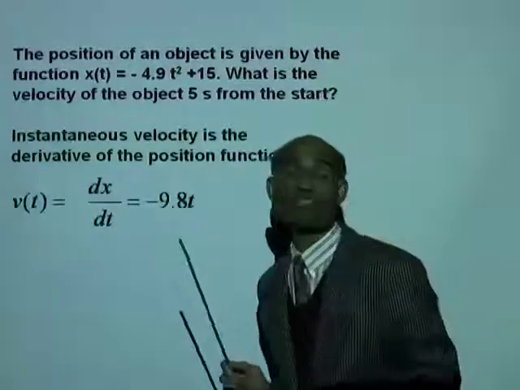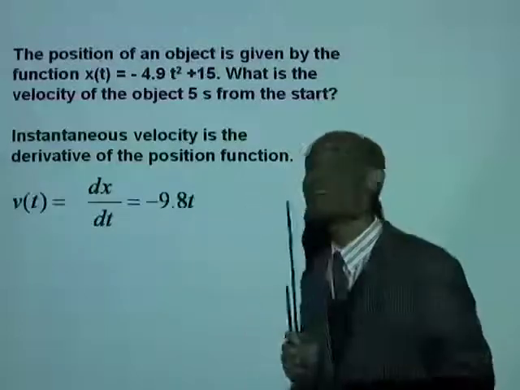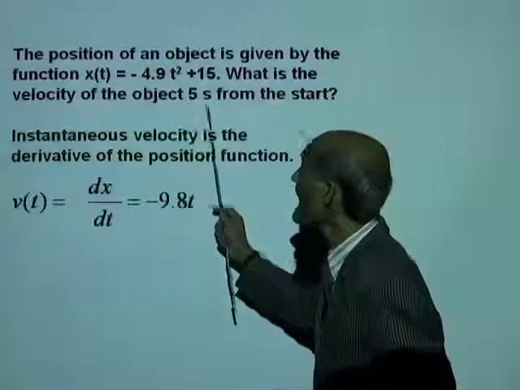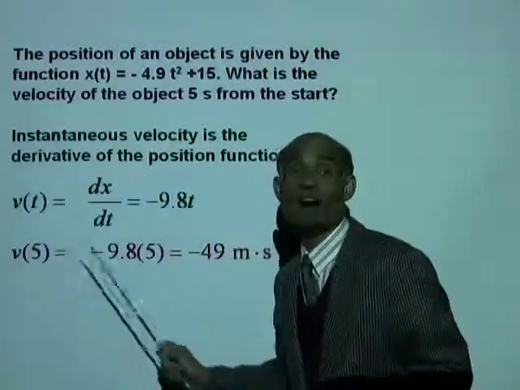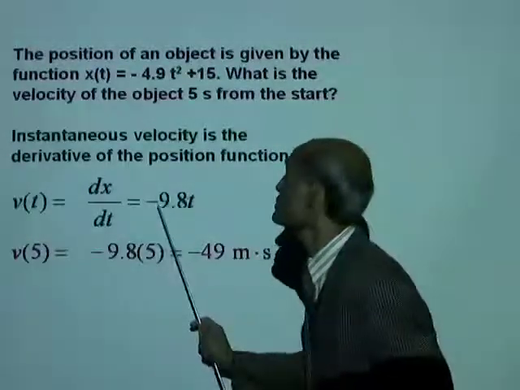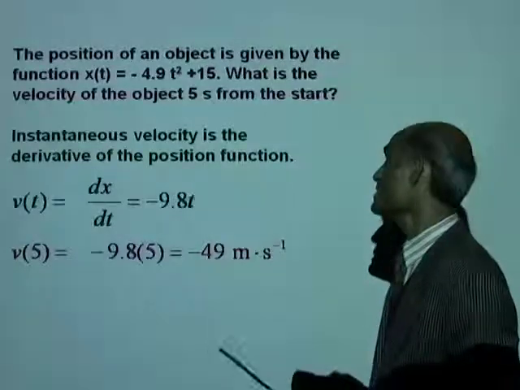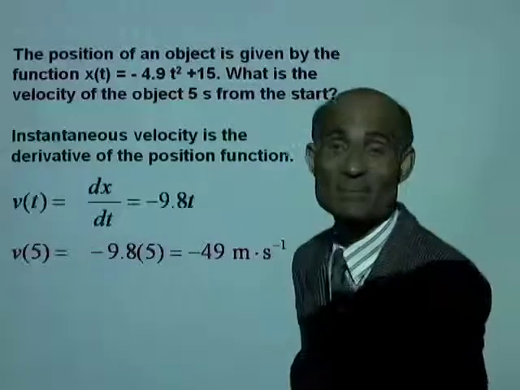Or the velocity at any time is negative 9.8 t. And we want to find the velocity at t equal to 5 seconds. So v of 5, velocity at t equal to 5, is negative 9.8 times 5. That is negative 49 meter per second.